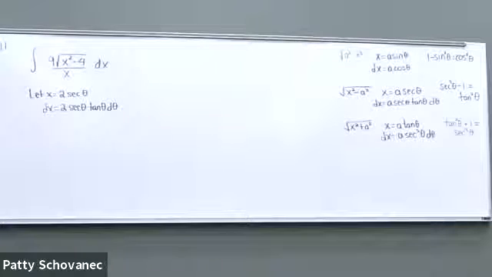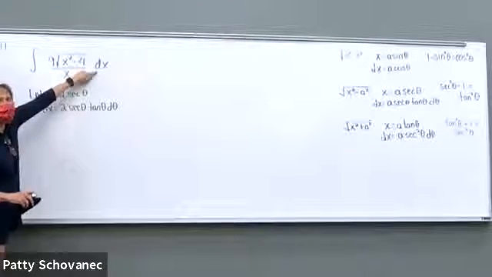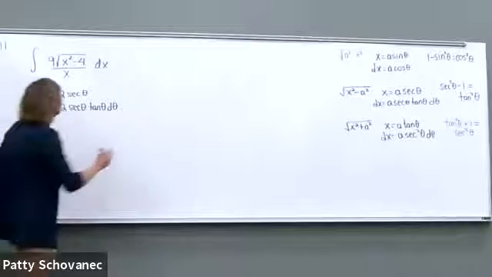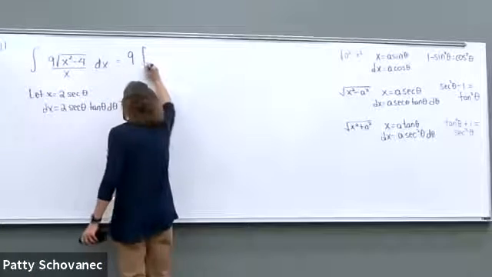So I'm going to go ahead and square that. The 9 doesn't matter, so let's get the 9 outside the integral sign. And then I'm going to put 4 secant squared theta right here, 2 secant of theta here, and 2 secant theta tan theta d theta here. There's the 9.